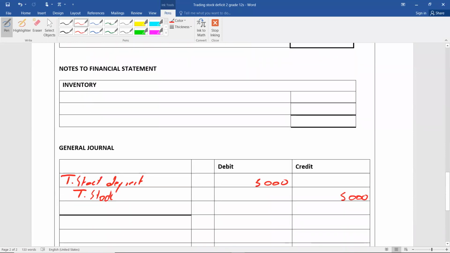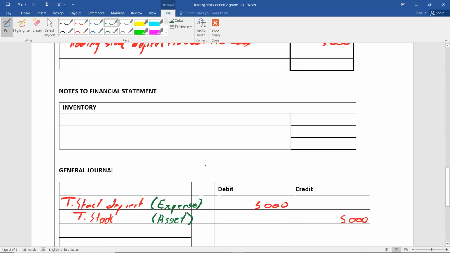And I will write in brackets what each represents. This is an expense. This is a reduction of your asset, which is trading stock. So you're reducing your trading stock to 770 because we said 770 is the accurate amount.